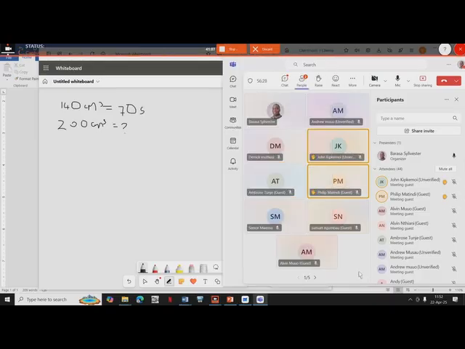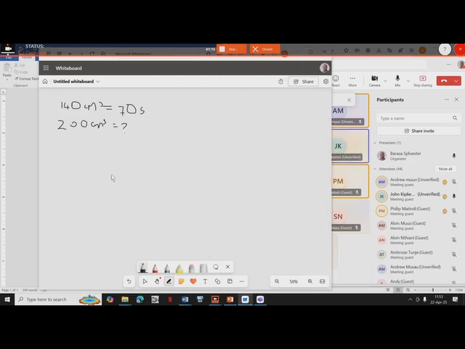Cross multiply. What are you getting? So if 140 of nitrogen gas takes 70, what about 200? We are using that to equate the volumes of the gases before we use the formula. So John, you are getting what? 100 seconds? Yeah. So now the new time taken by nitrogen gas will be 100.